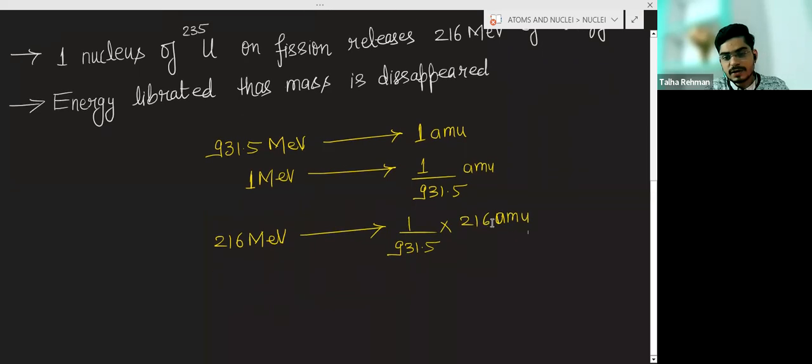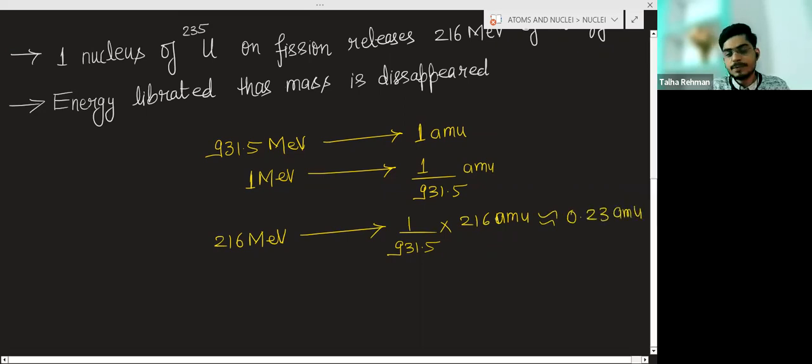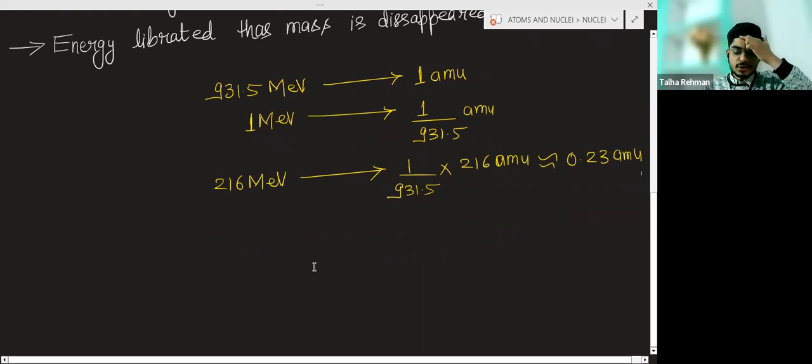This much mass will disappear. So this is approximately equal to 0.23 AMU, more precisely 0.236 AMU. Means this much energy we are getting from this much mass disappearance.